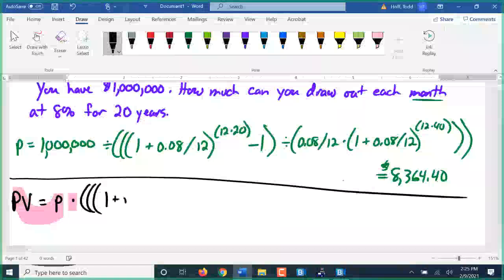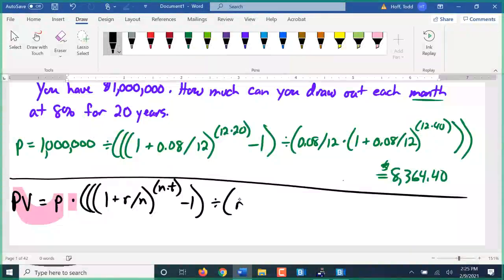This is still 1 plus r divided by n, to the power of n times t, minus 1, divided by r divided by n times 1 plus r divided by n, to the power of n times t.